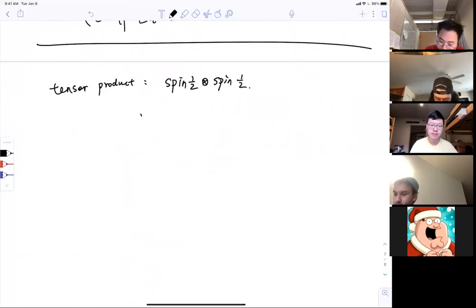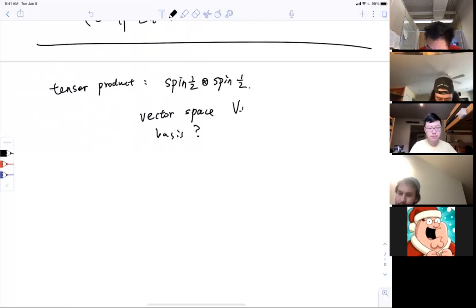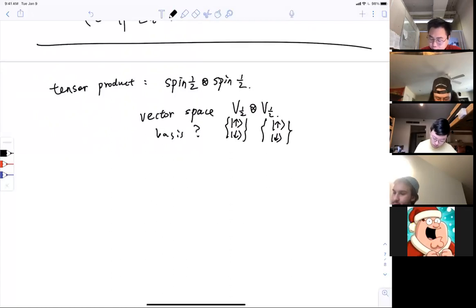Right, in this case, similarly, you need to tell me what's the vector space. So what's the basis? We denote the vector space as this. The basis in the first spin 1/2 is up, down, right? This is also up, down. I just use a physical notation.